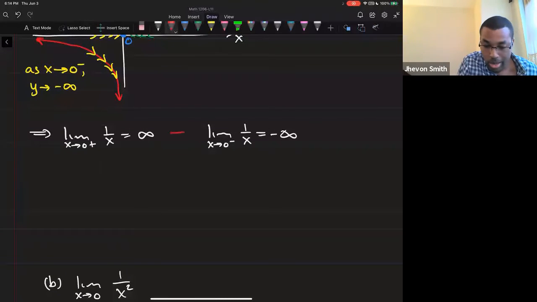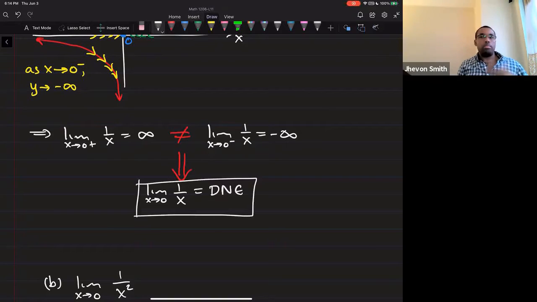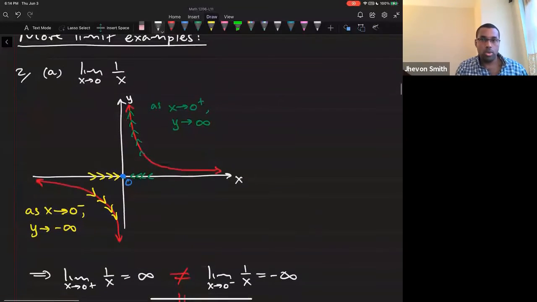And it turns out those two are not the same, which means the overall limit does not exist. And so that's the answer. Right. Limit does not exist because the left and right don't agree.